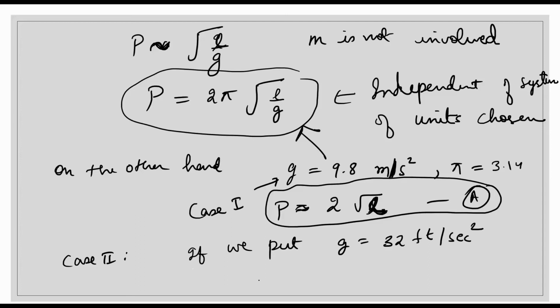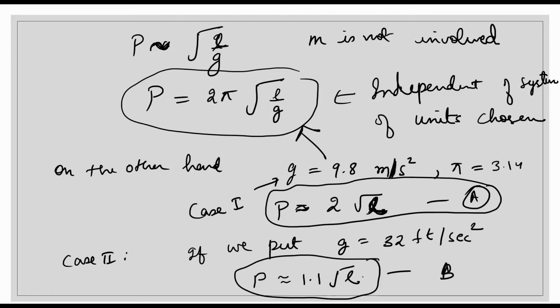T will be approximately equal to 1.1 under root L. Now you can see that this equation B is valid only when we take the length in feet. A was valid when you take length in meters.